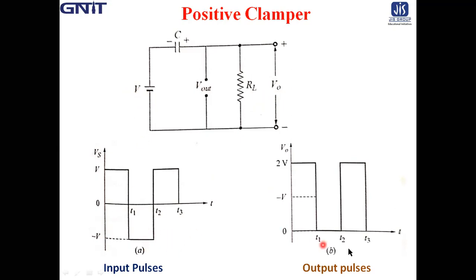So correspondingly the output voltage waveform is shown here, which shows that the output is positively clamped. The input signal has undergone an upward vertical shift by V volt. In this case, the clamper circuit has shifted the zero voltage level of the input signal to its negative edge.